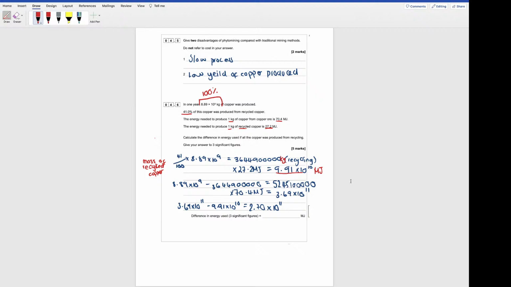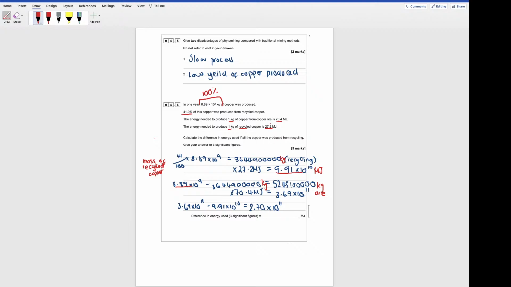Now, the second part of the question is to work out the energy used for the copper ore. So to find this value here in kilograms, what I did was I took the 8.89, the total copper, the 100%, and I subtracted the recycled copper out of it. And what was left was my kilograms of the ore. Okay? Now I know the mass of the copper just from the ore.